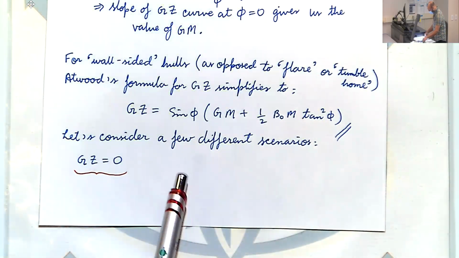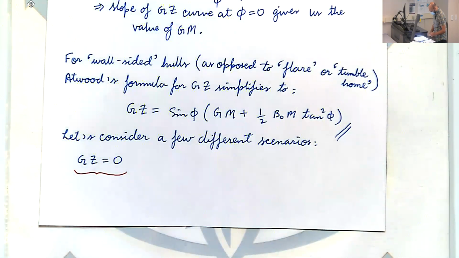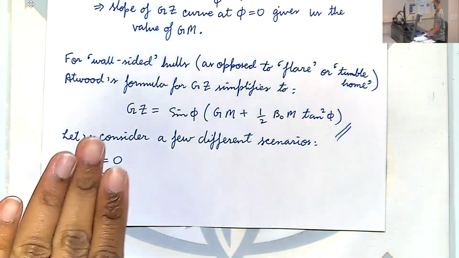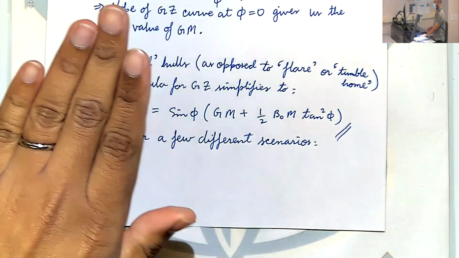All right, let's consider a few different scenarios. Let's say GZ equals 0. What does GZ equal 0 mean? Is it flat? Are you saying it's even keeled? Yeah.